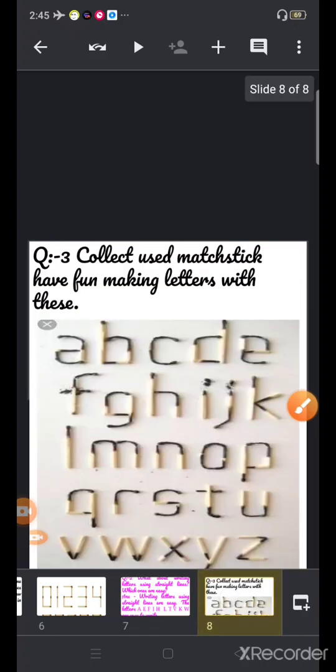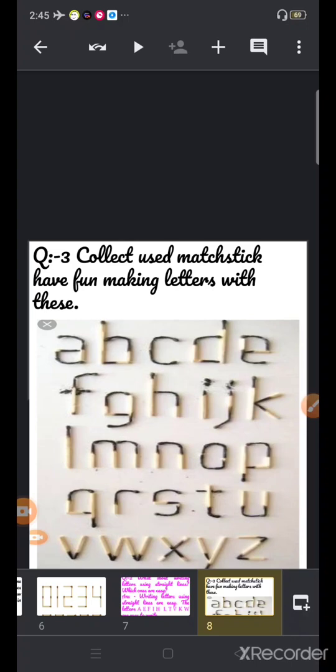Next is, collect used matchsticks. Have fun making letters with these. These are some used matchsticks. These are not fresh matchsticks. With the help of these used matchsticks, you can have fun and make letters.